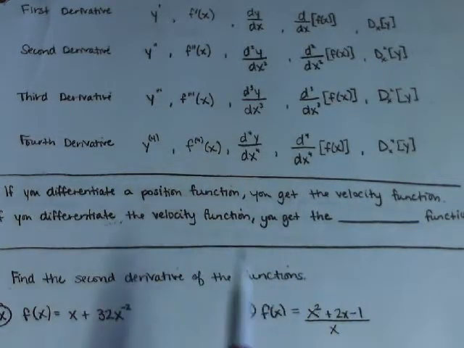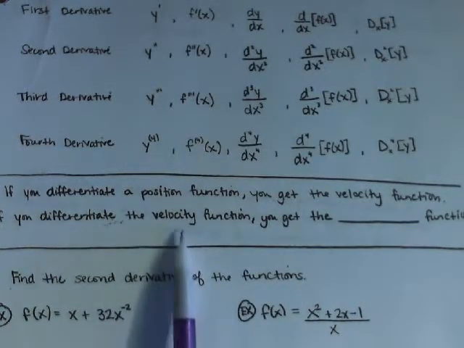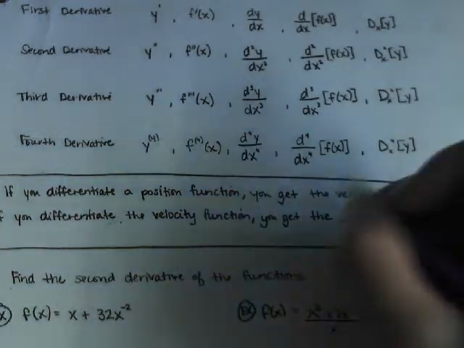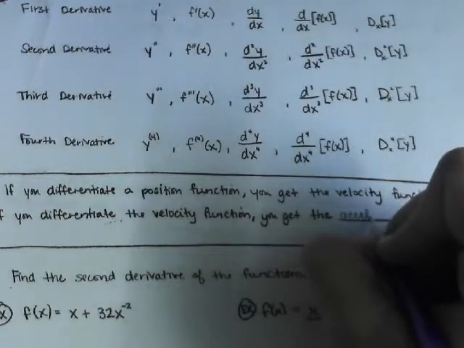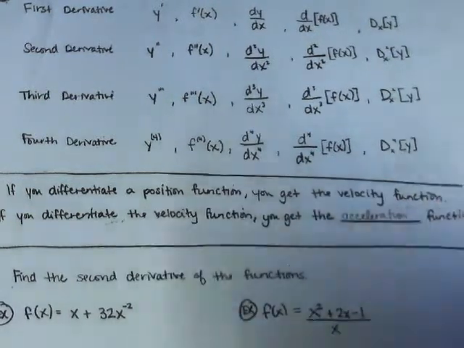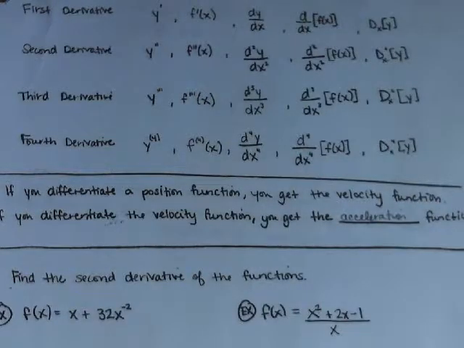When you find the rate of change of velocity, you're talking about acceleration. We only briefly talked about that, but remember that position is your original function, the derivative of that gives you velocity, and the derivative of your velocity gives you your acceleration.